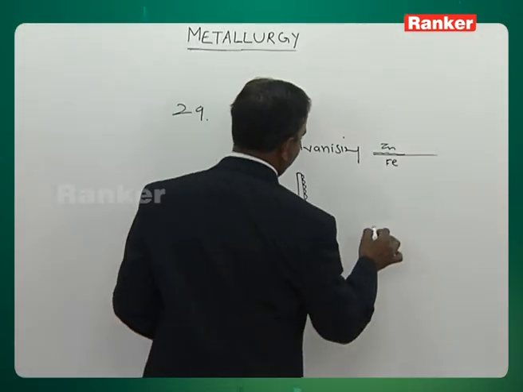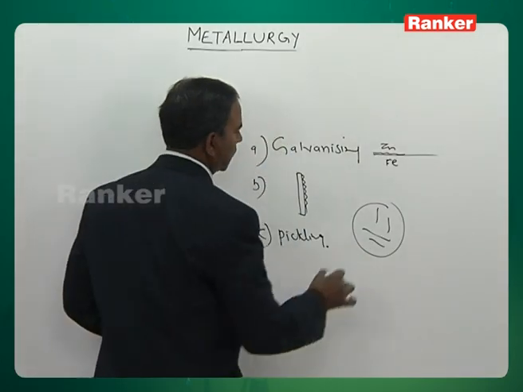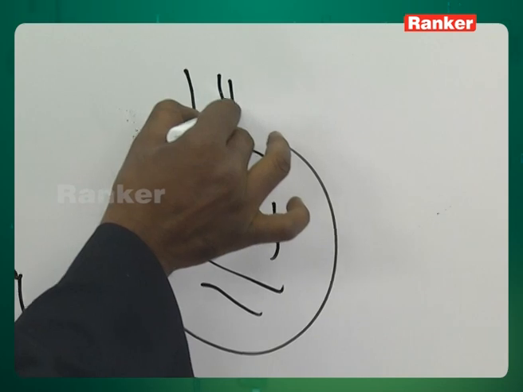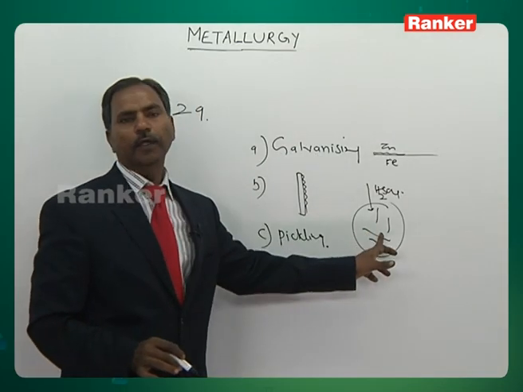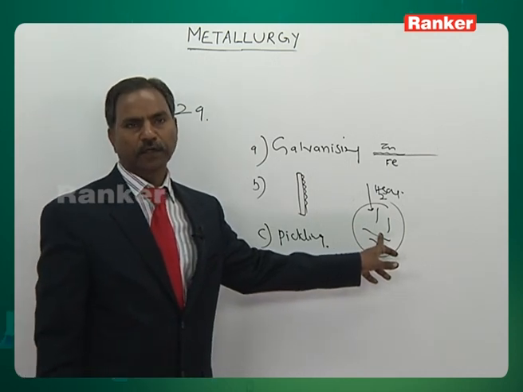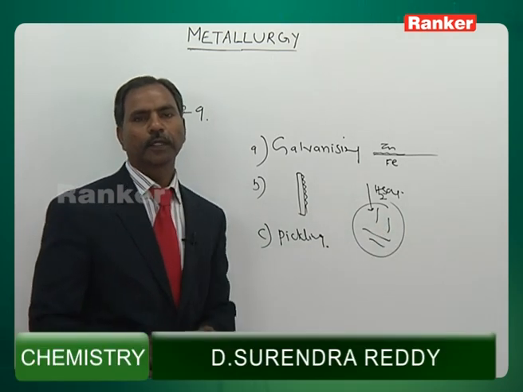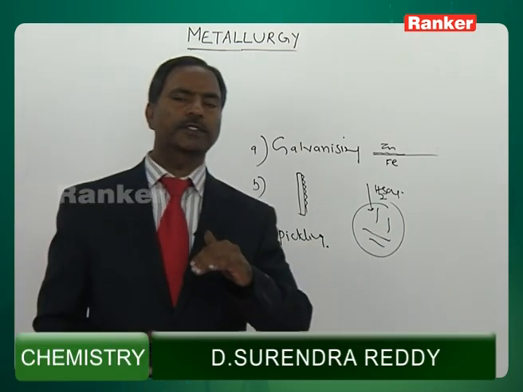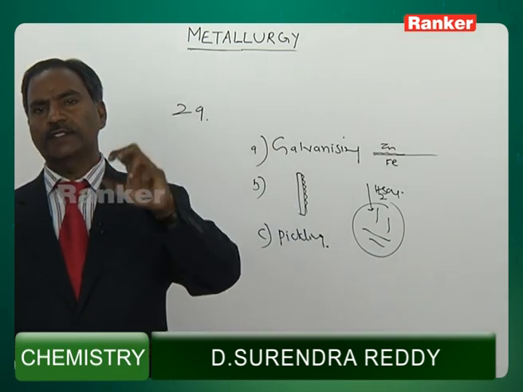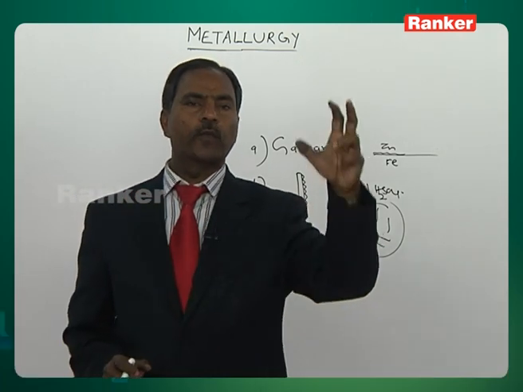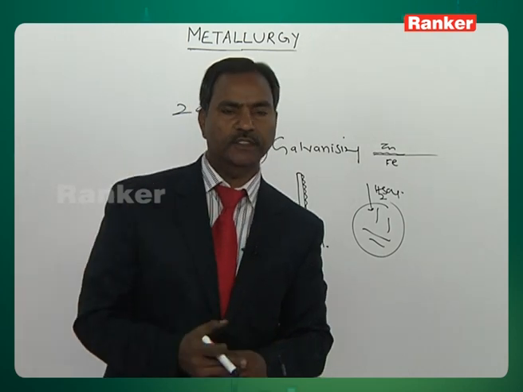C. Pickling. Pickling is the process in which the ore has some basic oxide layers, and it is washed with sulfuric acid. Sulfuric acid, a strong acid, removes these basic oxide layers. This process is what we call the pickling process.